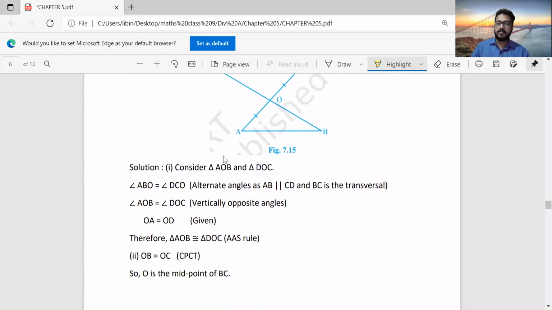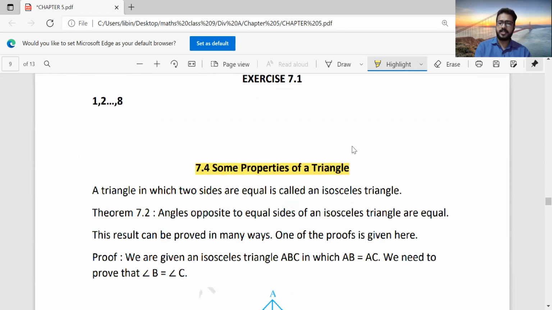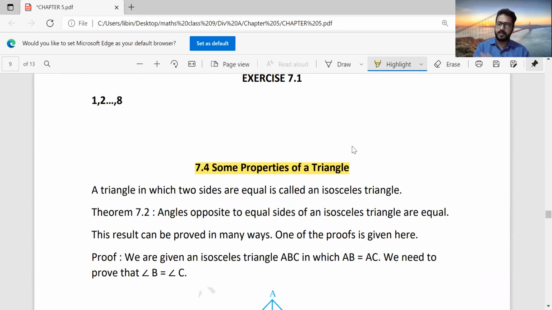And then we have begun doing some examples, and today we will be beginning section 7.4 with some properties of a triangle. Actually all this you have learned in your previous classes, but no problem.